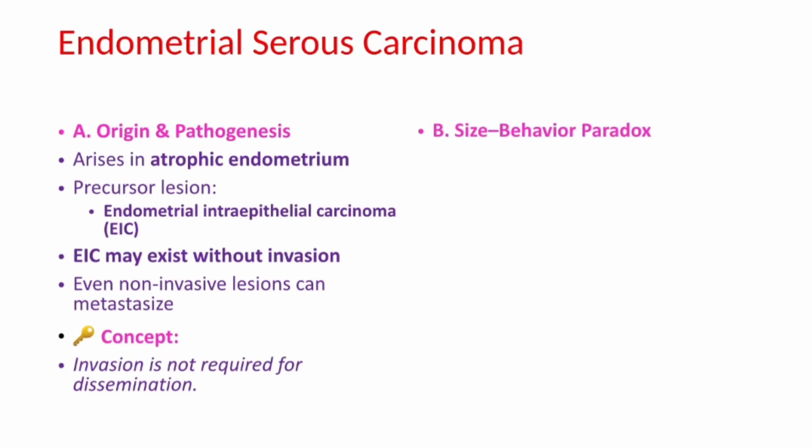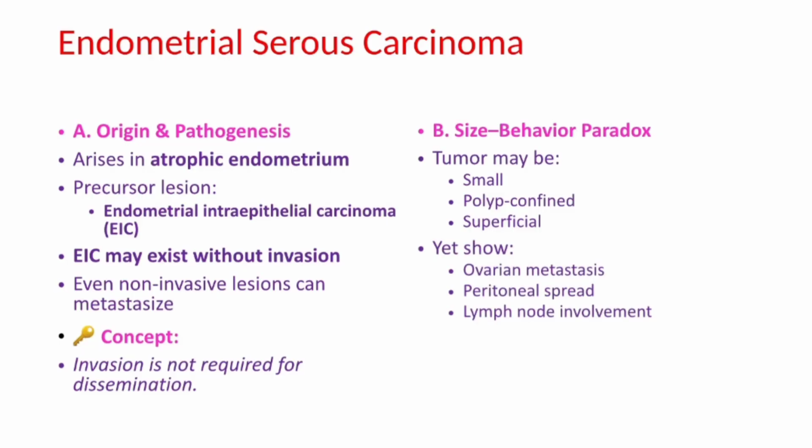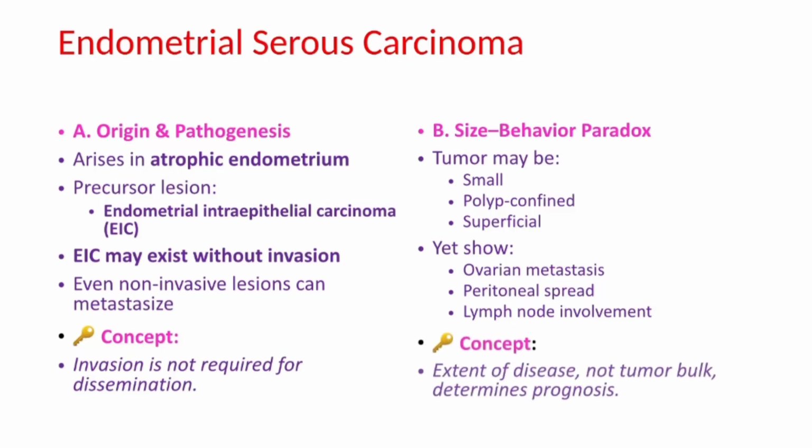Second, size and behavior paradox: the tumor may be small, polyp confined or superficial, yet they show ovarian metastasis, peritoneal spread or lymph node involvement. So basically extent of disease, not the tumor bulk, determines prognosis. So even if the tumor is small, there are chances of metastasis.